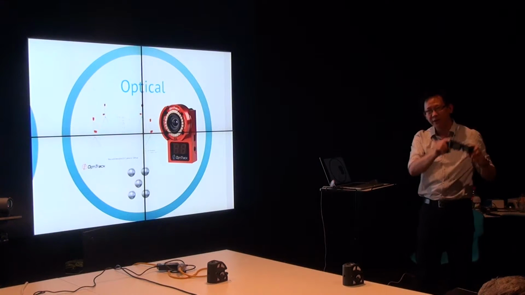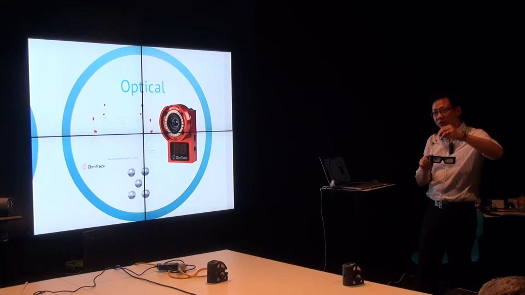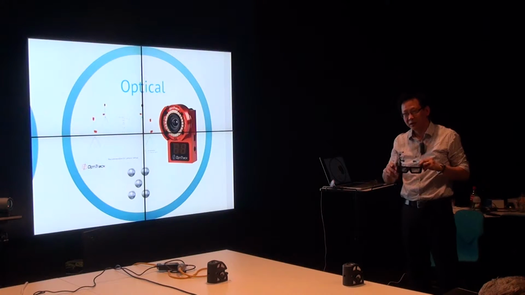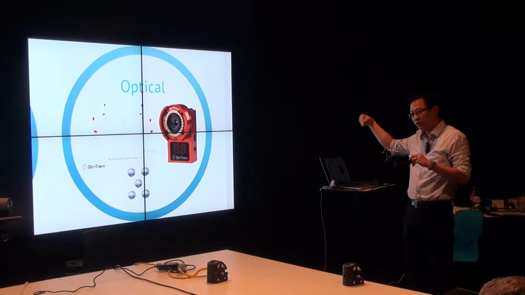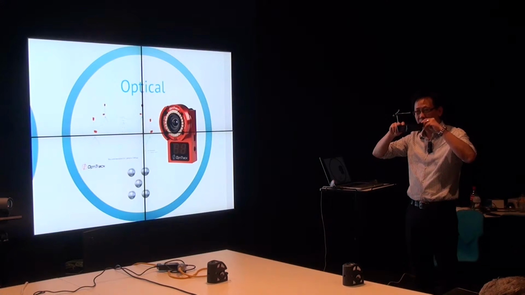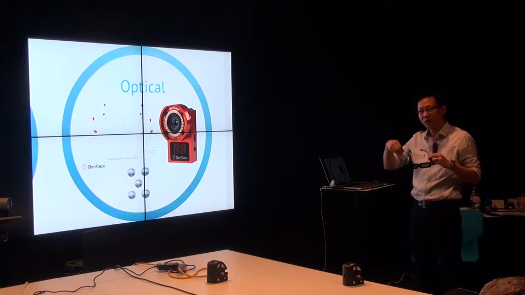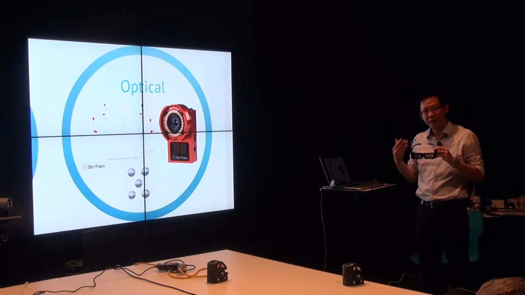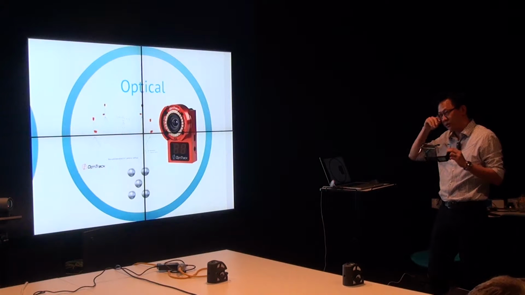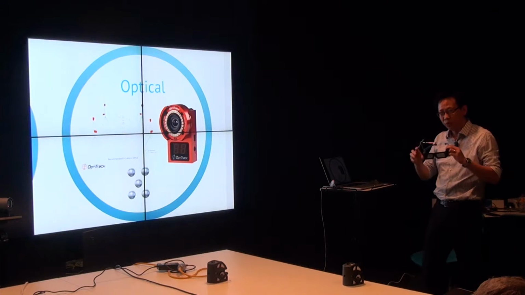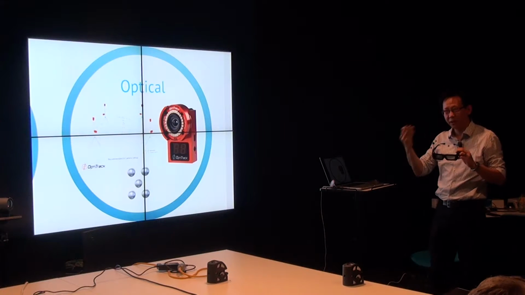When you're moving, the position of those dots on the cameras is different, and they do some mathematics to calculate where I am and where I'm looking. So they know exactly where I am, and it's very accurate. The accuracy is down to millimeters, so slight movements can be picked up.